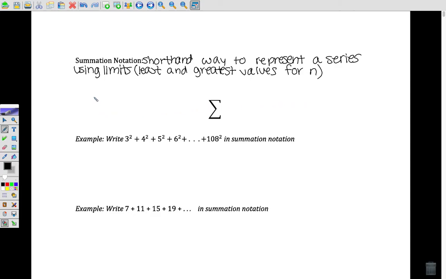To write a series in summation notation, we use this Greek letter, sigma, to represent the sum. There are different parts of what this notation looks like. The first part is below the sigma sign. We say n equals some number, which is going to be our lower limit, or the least possible value for n.